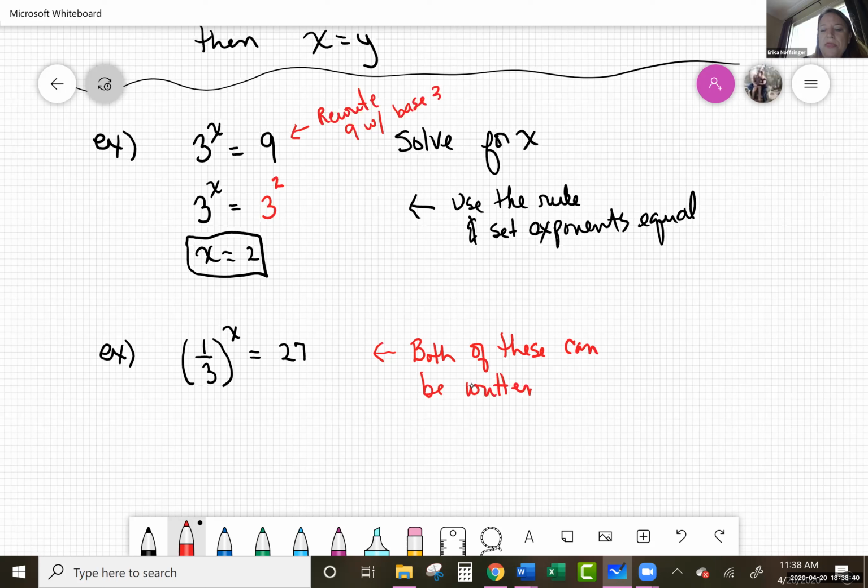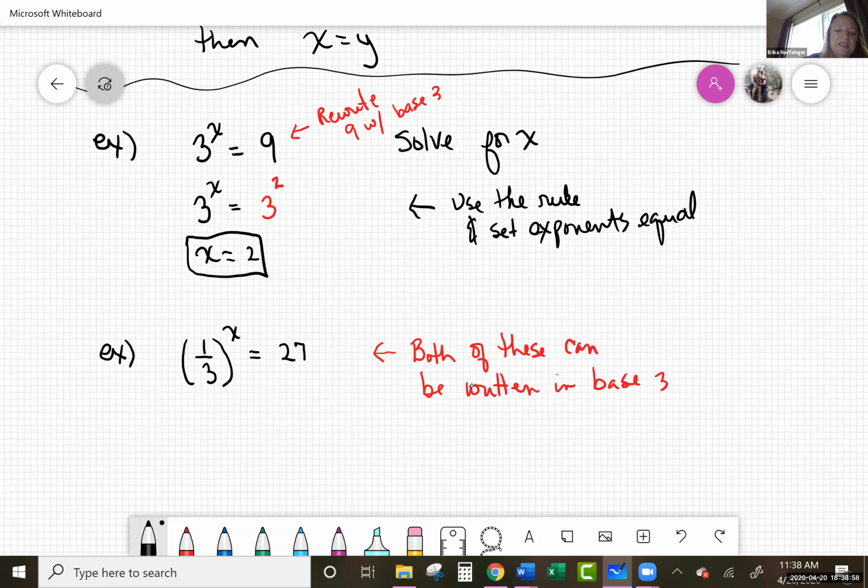I noticed that 1/3, I can rewrite so that that 3 is in the numerator. And I noticed 27 can be rewritten as 3 cubed. And so both of these can be written in base 3.